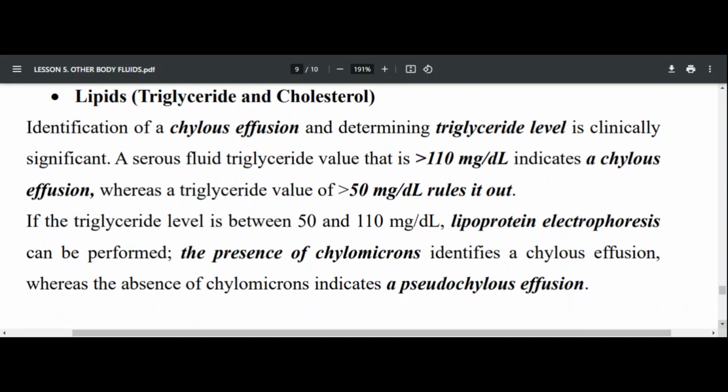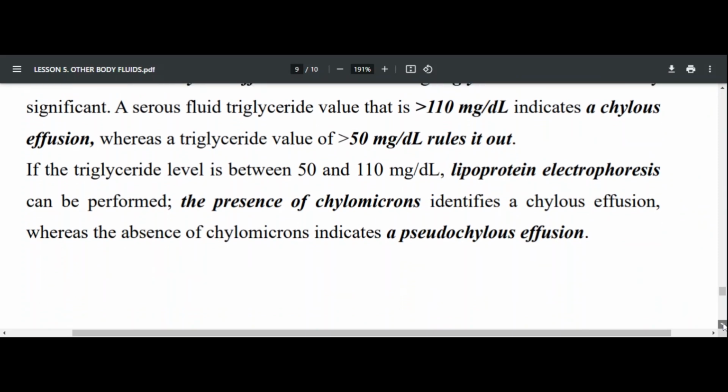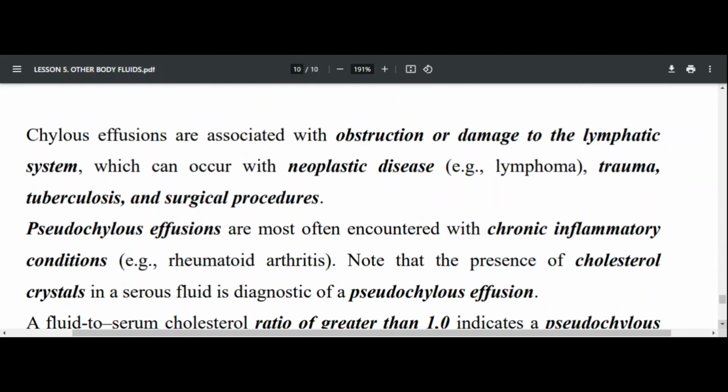So to rule out pseudochylous, we must perform lipoprotein electrophoresis, and when there is no chylomicron, you can classify this as a pseudochylous effusion.